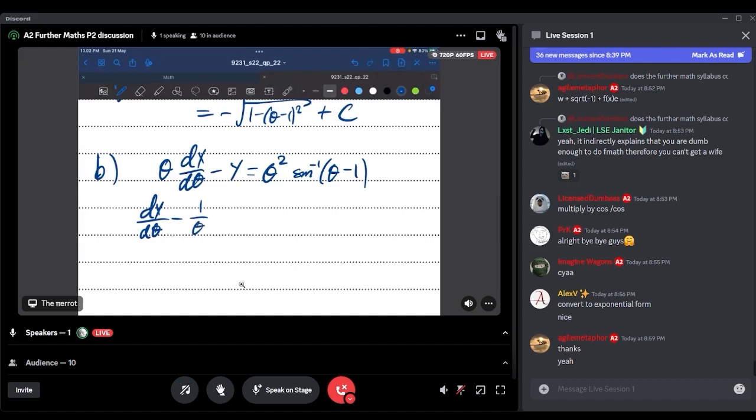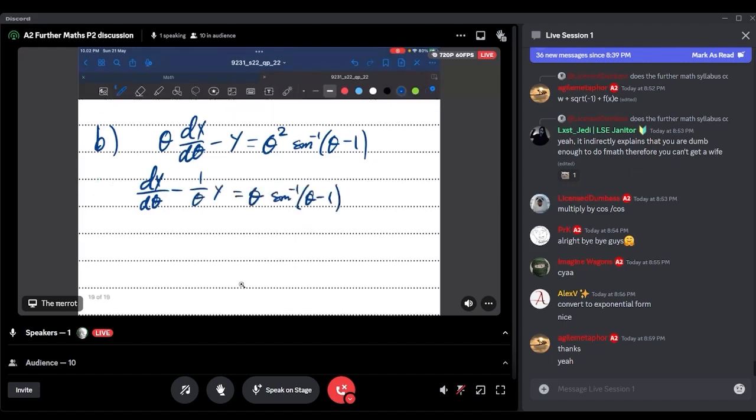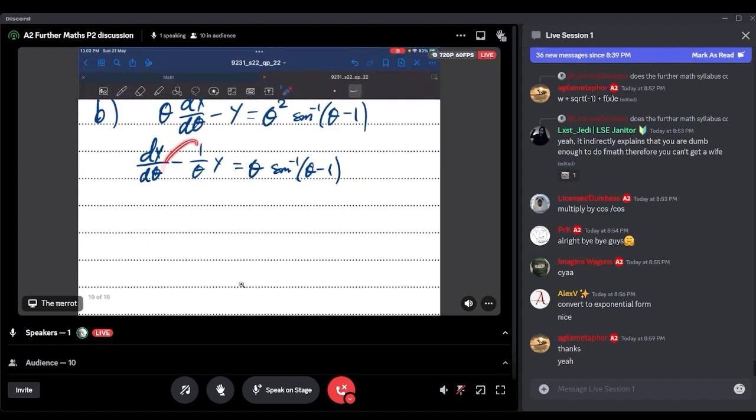And then now this is the coefficient of y, and this will be our integrating factor: e to the power of negative ln theta. So it's just 1 over theta. Yeah, it's just 1 over theta again. Multiply by 1 over theta to both sides of the equation.